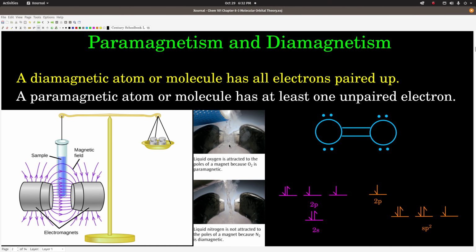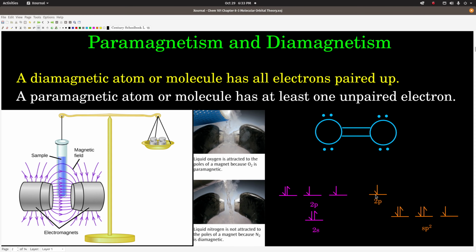The problem, guys, is all of our theories up to this point, valence bond theory, hybridization theory, pretty much predict the oxygen molecule to be diamagnetic. If you draw a Lewis structure of it, all the dots are paired up. There are no unpaired electrons. If you use hybridization theory, you end up with each oxygen being sp2 hybridized, one unpaired electron in an sp2 hybrid orbital, one in a 2p orbital.